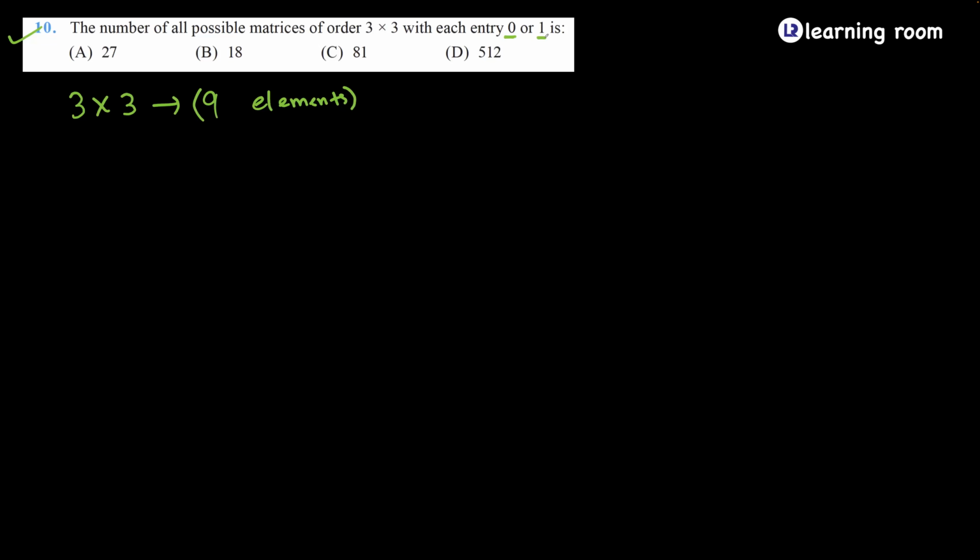You need to use only these two numbers. You can place them in any combination or any permutation that you want, but they should have only these two. So for the two elements that are there, 2 power the number of elements possible in the matrix will come out. So it will be 2 power 9 matrices, which is 512 matrices that are possible.